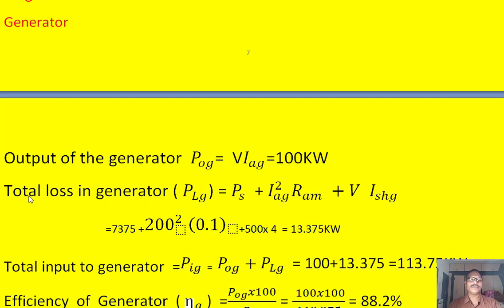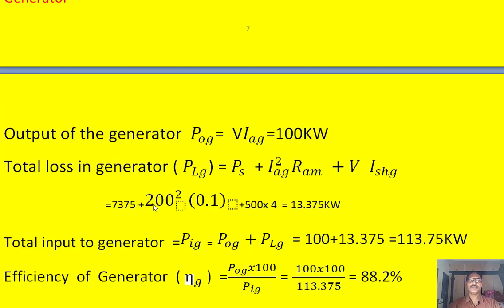Now we have to find the total loss of the generator, which we represent as PLG. It is equal to the stray loss of this generator, which is already calculated, plus the armature copper loss of the generator, that is IAG square into RAM, plus the field copper loss of the generator, given by the voltage across the shunt field into the shunt field current in the generator, that is ISHG.